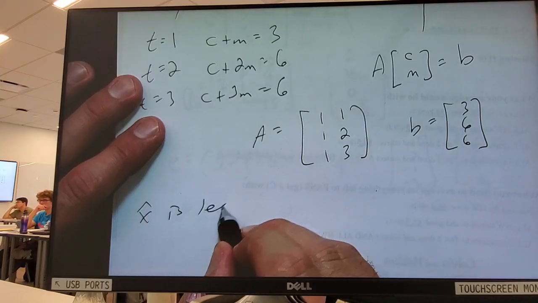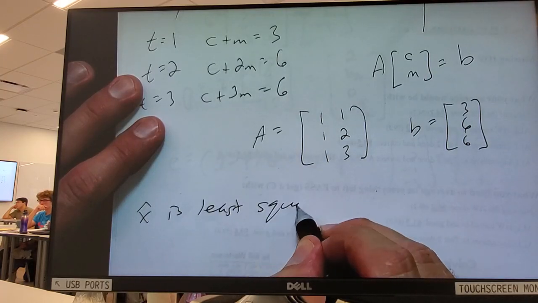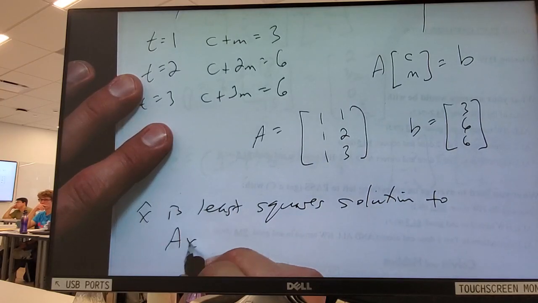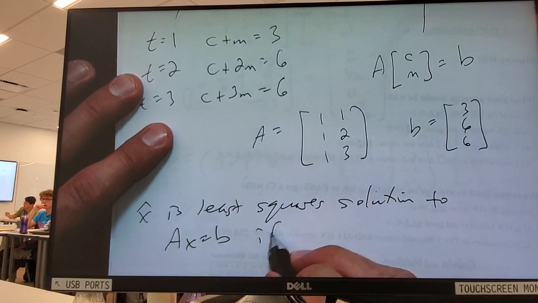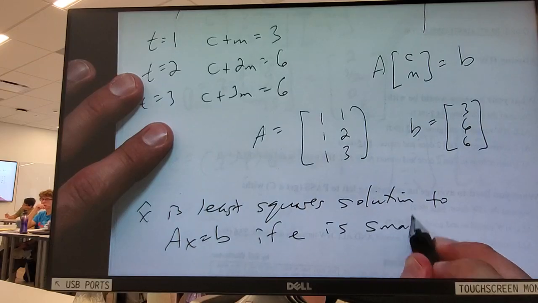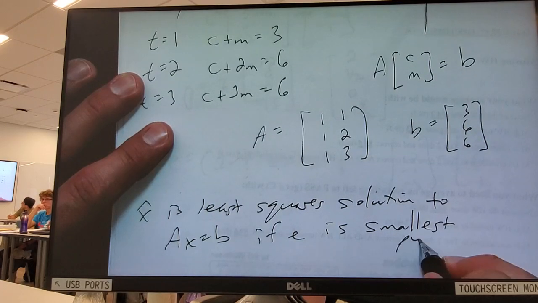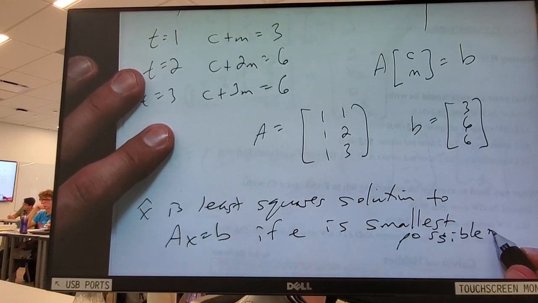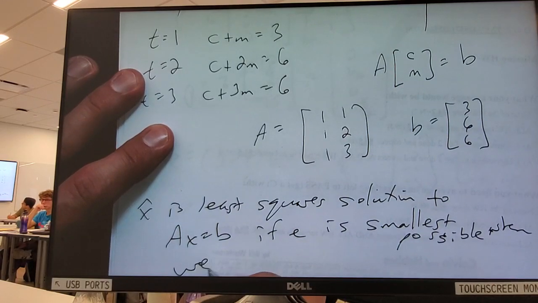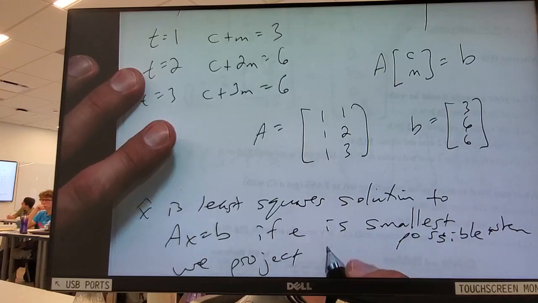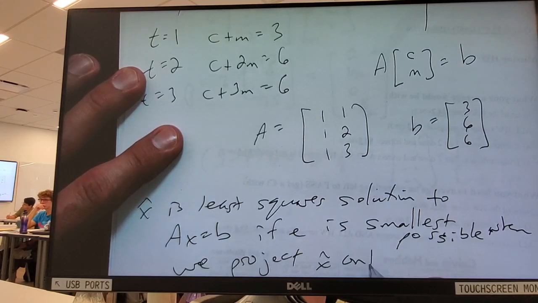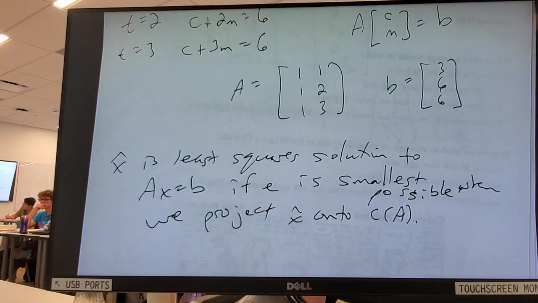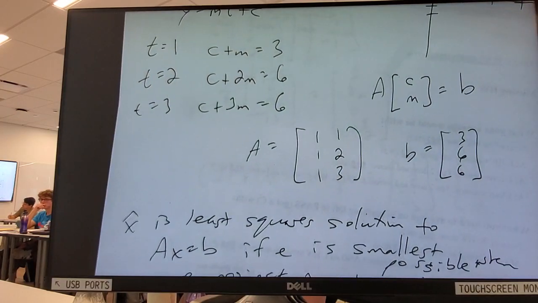This is the least squares solution to AX equals B if E is the smallest possible when we project onto the column space of A.